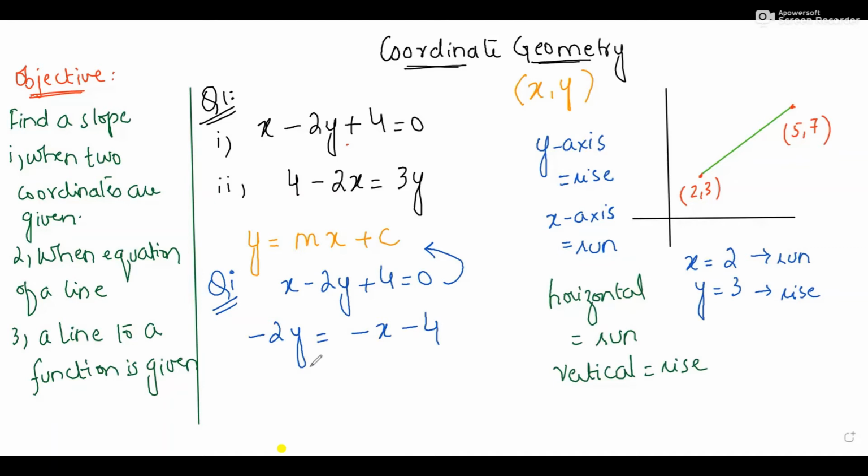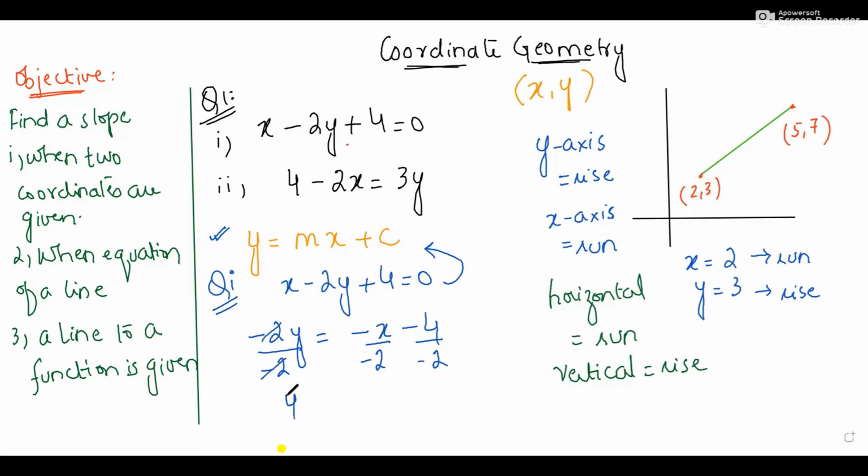Since you observe in the given equation that the value of y has the coefficient 1, you also have to make sure that your question has the coefficient 1. So you have to divide the whole equation by minus 2. After cancellation, it will become 1.